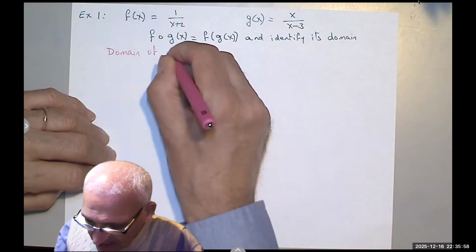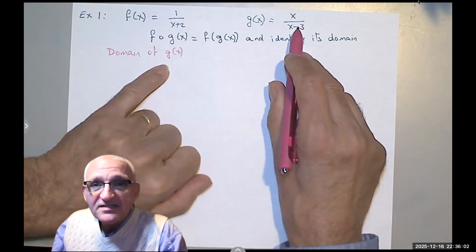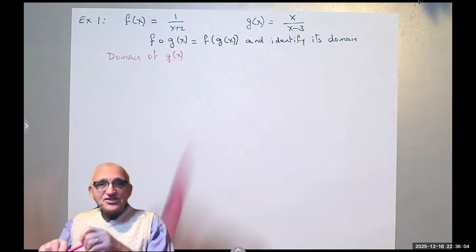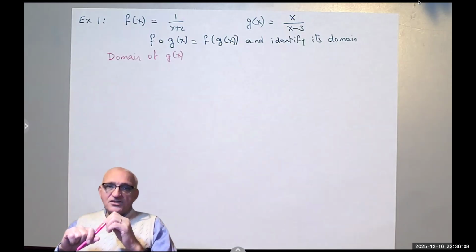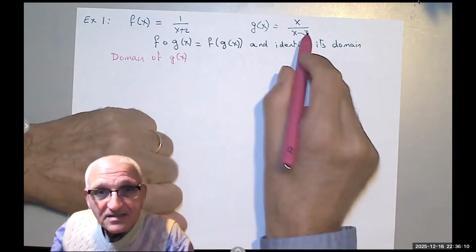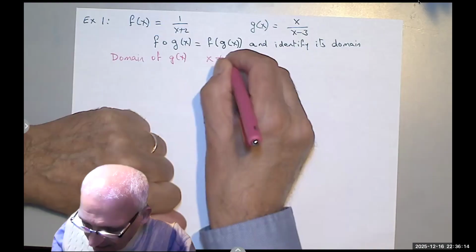The domain of g of x, basically here you can see that since we have a fraction, we need to make sure that the denominator doesn't equal 0. So x minus 3 shouldn't be 0, meaning x is not 3.